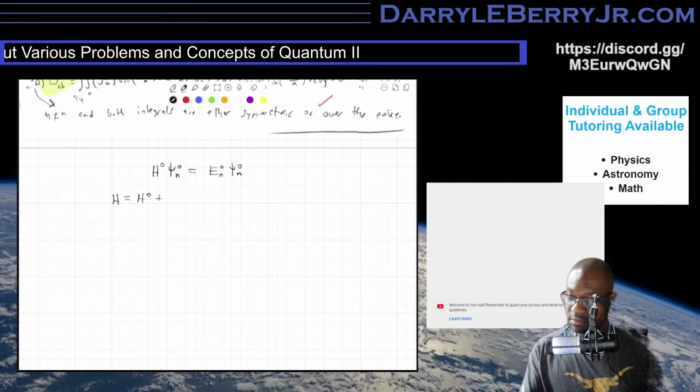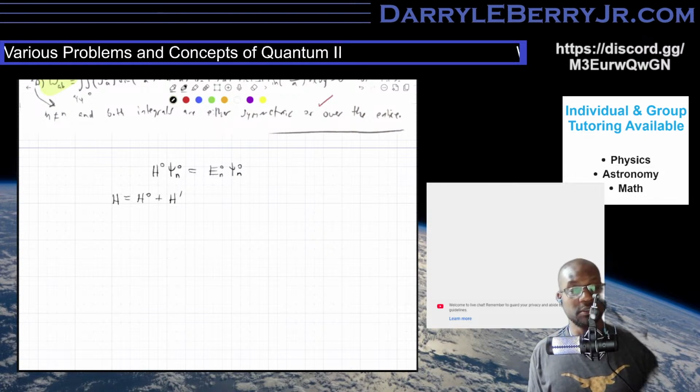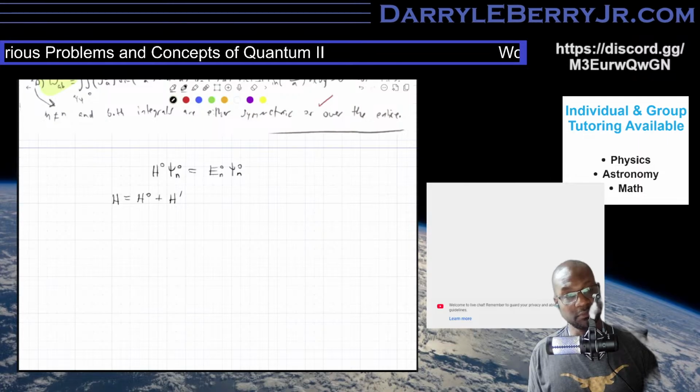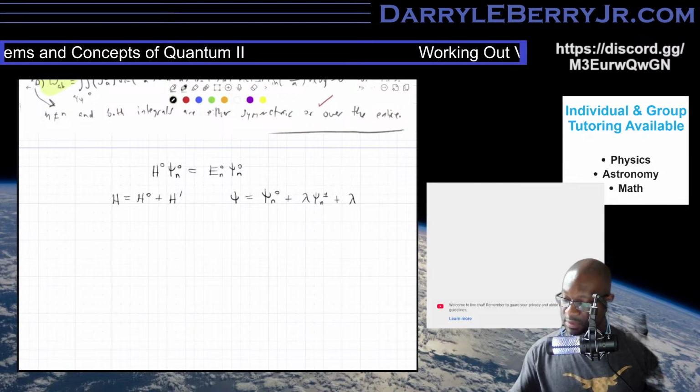We have H naught plus H prime. We have a new wave function, which is psi n naught plus lambda psi n1 plus lambda squared psi n2.